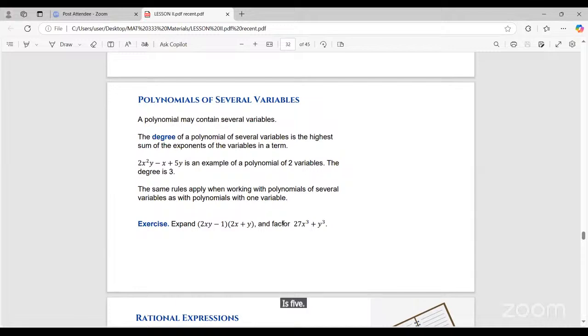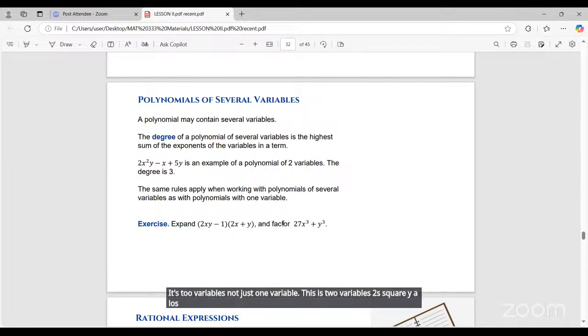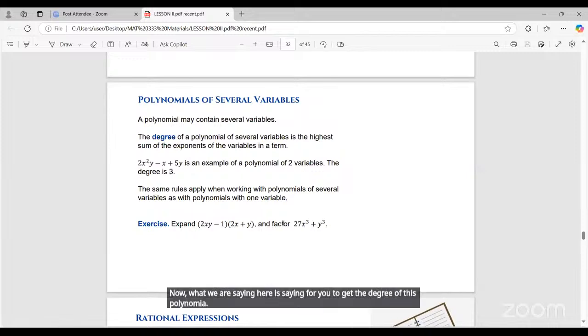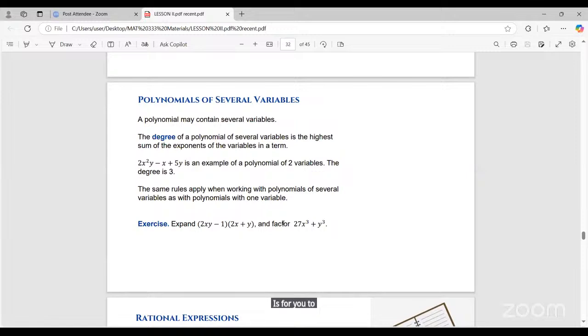Exactly. Now, looking at this, it is a polynomial with two variables, not just one variable: 2x squared y minus x plus 5y. For you to get the degree of this polynomial, add up the powers of each term. The one with the highest sum will give you the degree.